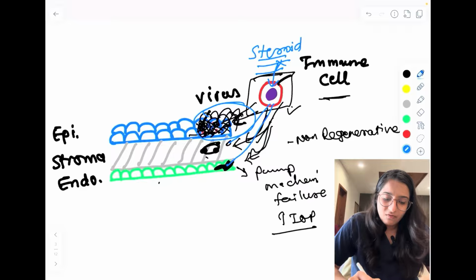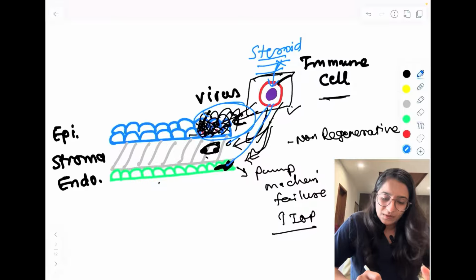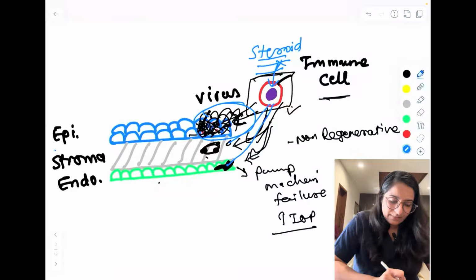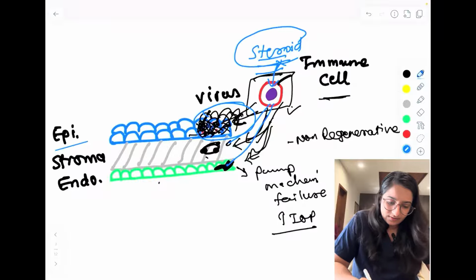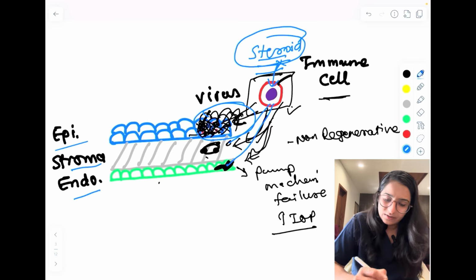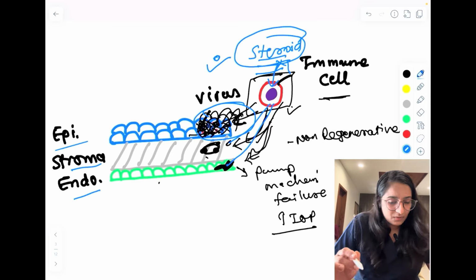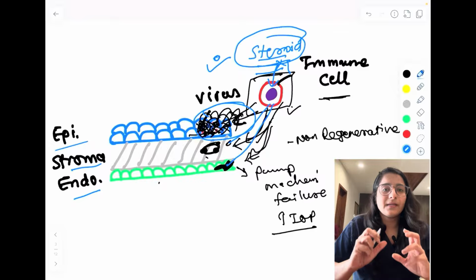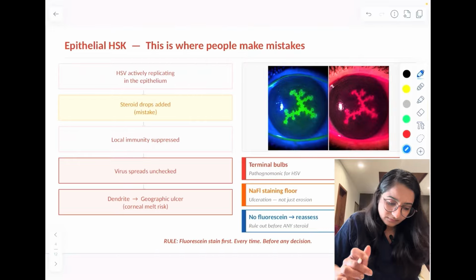We want the immune cell to destroy epithelial cells which are loaded with viruses. So we can understand that in epithelial herpes simplex keratitis, we don't want steroid, but in stromal or endothelial disease, we want to use steroid to suppress the immune cell. Okay, the concept is clear. Now let's understand it one by one.